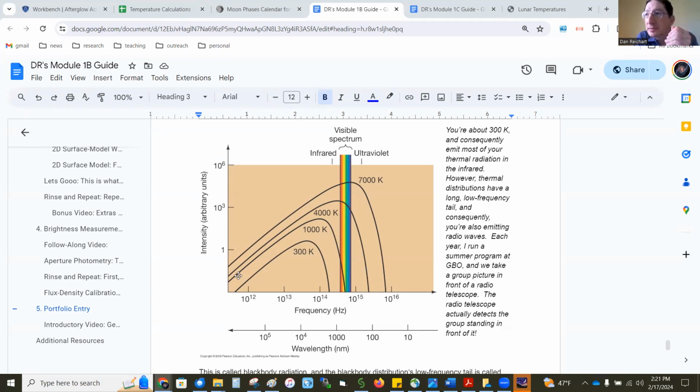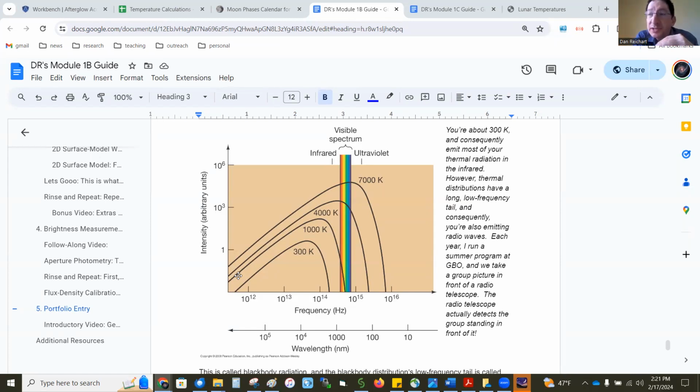It depends on the surface area of the emitting object. If it has more surface area, it's emitting more radio waves. So for a spherical object, the area is proportional to the radius squared of the object. The amount of radio waves you detect also depends upon the distance. The farther away something is, the fainter it will be. So it depends on 1 over the distance squared.